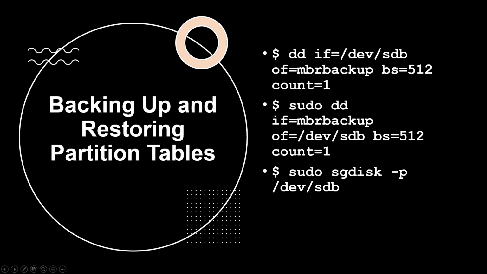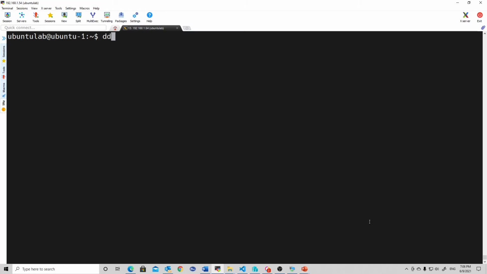All right, let me show you a command to back up the MBR along with the partition table. Let's do sudo dd if=/dev/sdb of=mbr-backup bs=512 count=1.